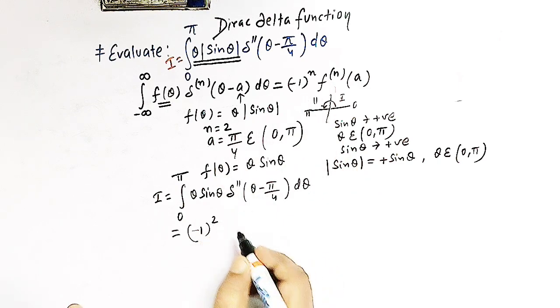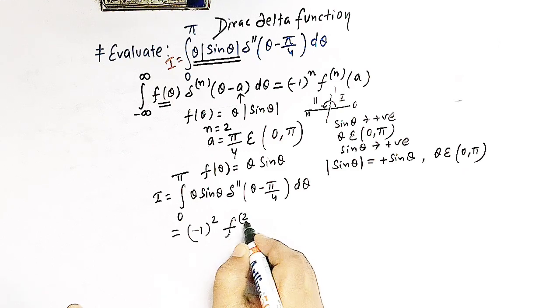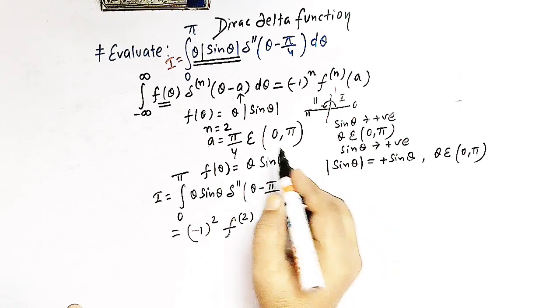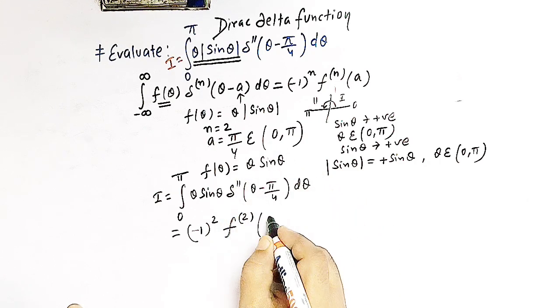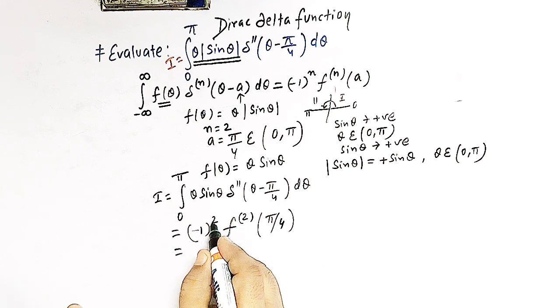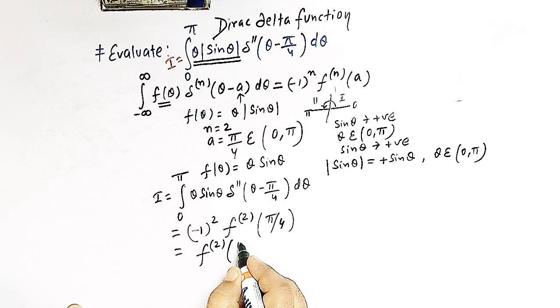Here we write 2, and then we have the second derivative of f of theta at this point, theta is equal to pi by 4. So here we write pi by 4. So minus 1 square is plus 1. So we have the second derivative of f at pi by 4.